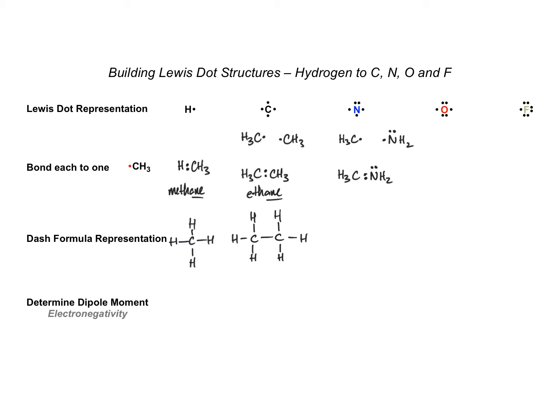So notice that the central bond here between carbon and nitrogen, that's going to become a bond. The lone pair remains intact. So this would be called methanamine. The suffix of the name gives you an indication of the functional group. The prefix of the name tells you how many carbons are in that functional group. So this is methanamine.